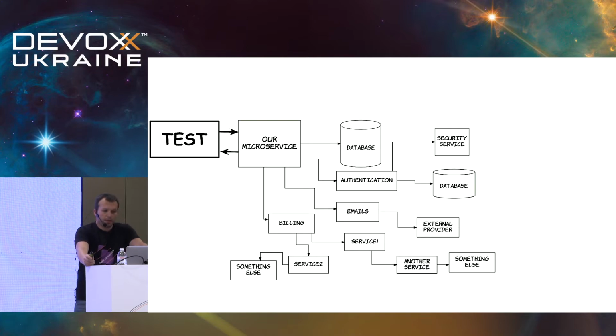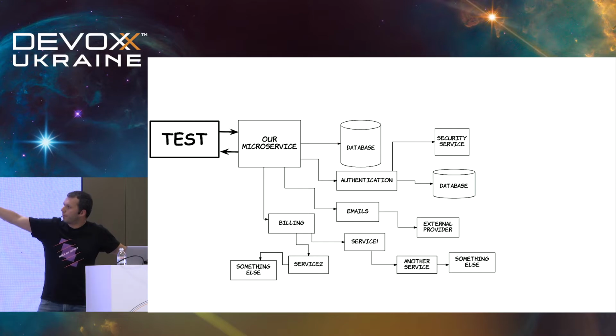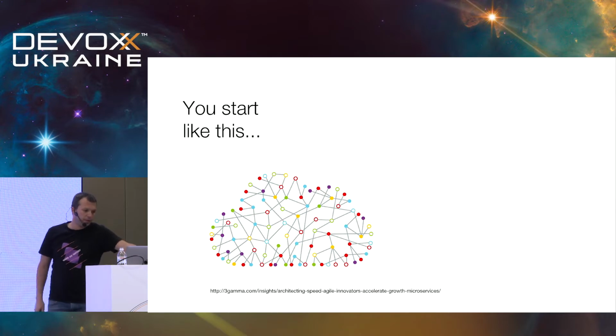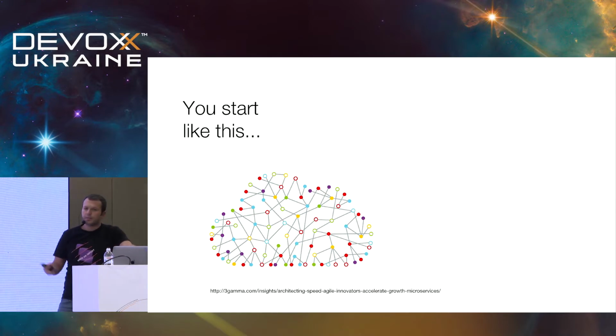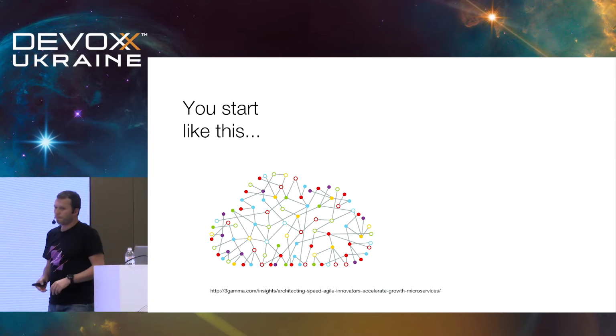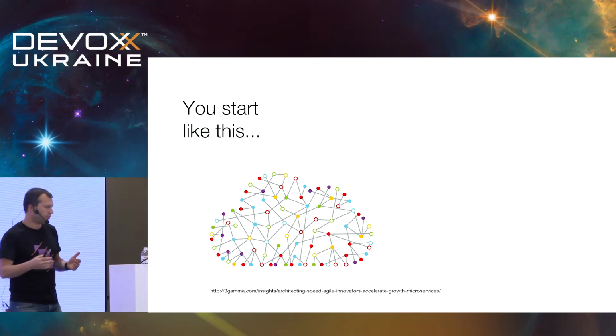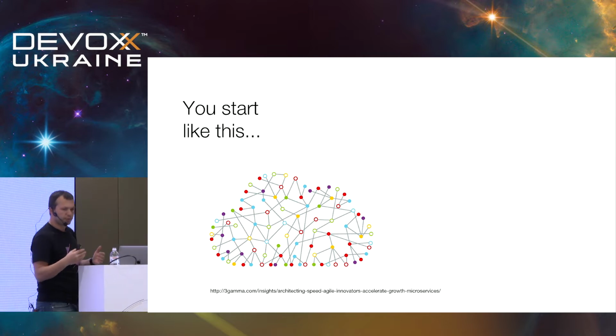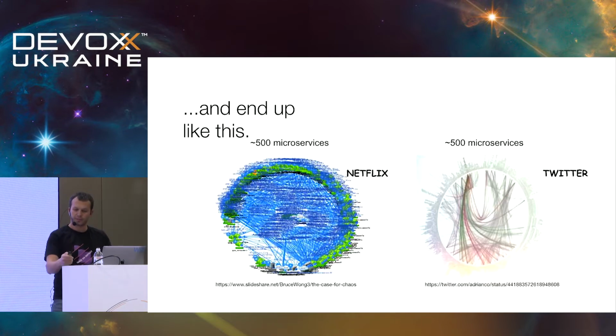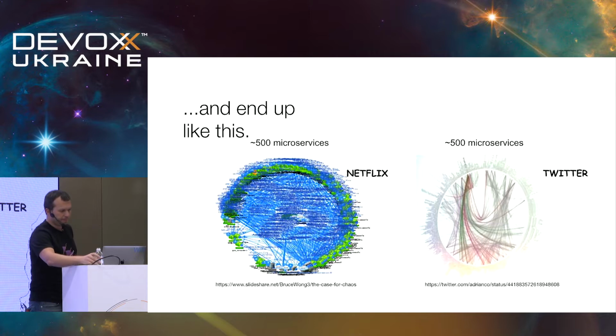In the beginning, you try to work with this, so you run the whole thing on your machine. But the problem is that it starts as something nice like this, but when your company grows, you have more users, more developers, more microservices, it looks like this.